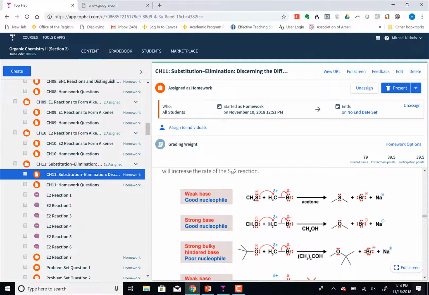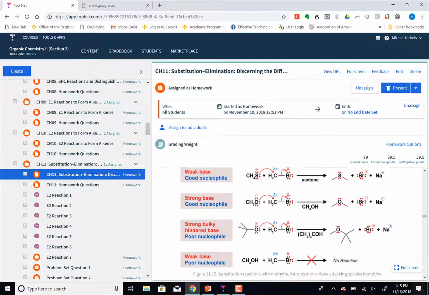Although these, I'm not going to go in. The kinds of problems that we've been doing are what you're going to see. But basically, when you have a methyl halide, there's very little steric hindrance to that. And so that methyl halide is always going to undergo SN2, because there's no steric hindrance to it.